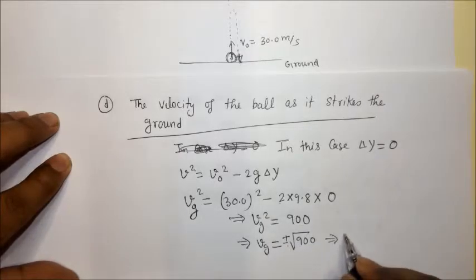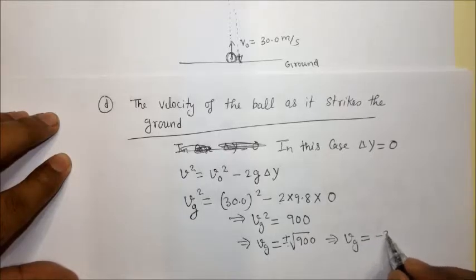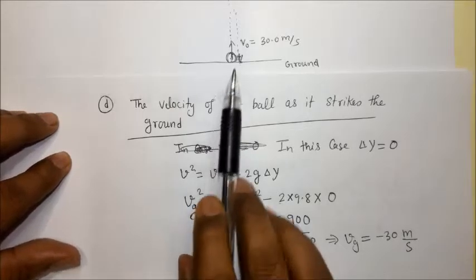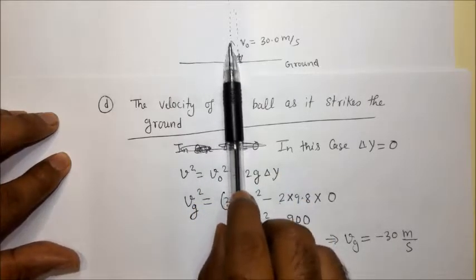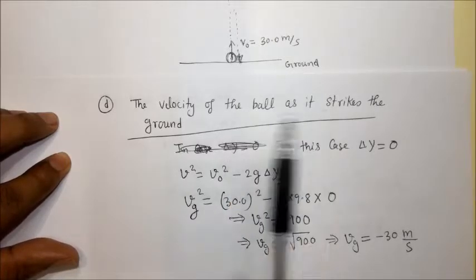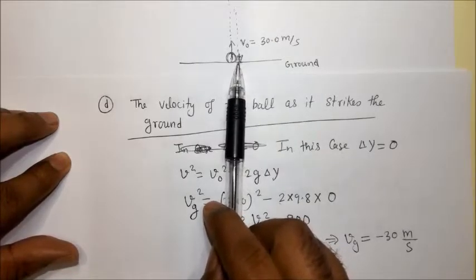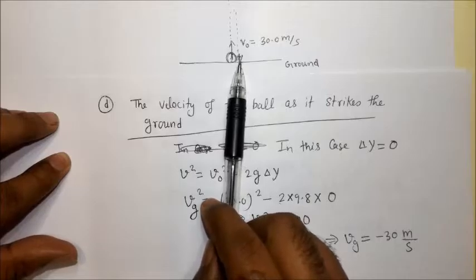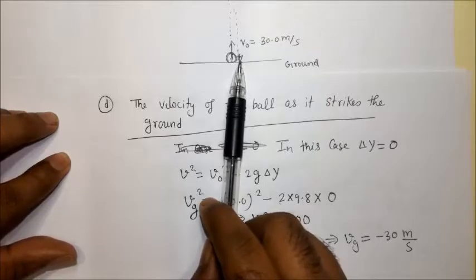So vg is equal to the square root of 900, which is 30, so minus 30 meters per second. If you throw with 30 meters per second from the ground, it will come back with 30 meters per second towards the ground.